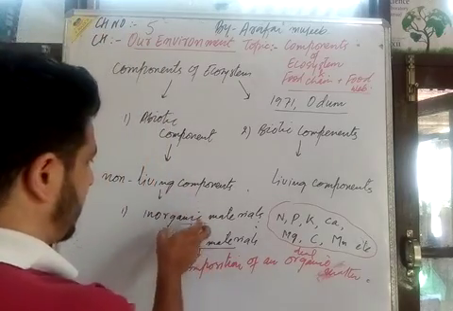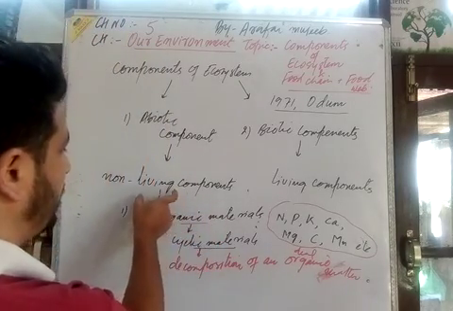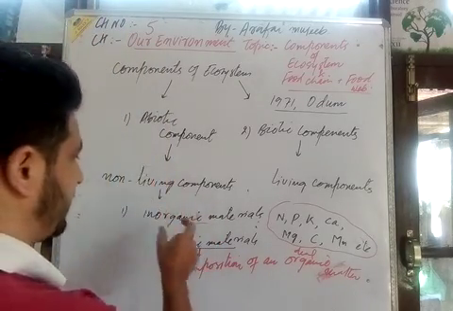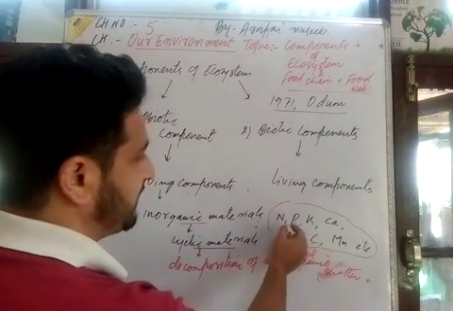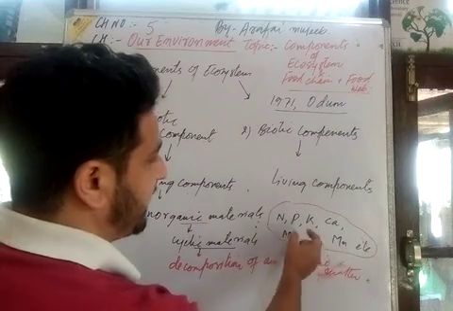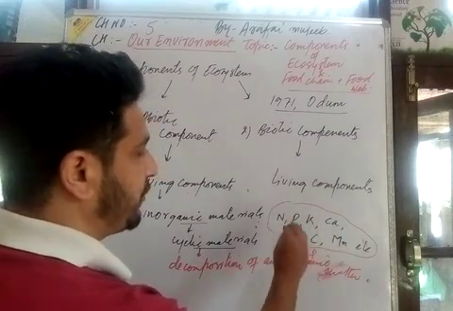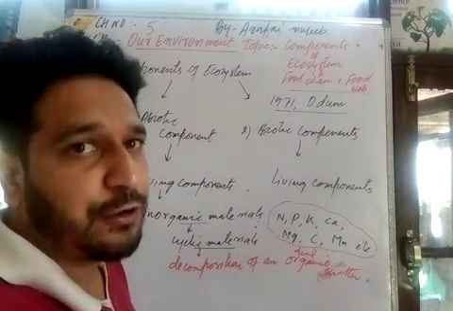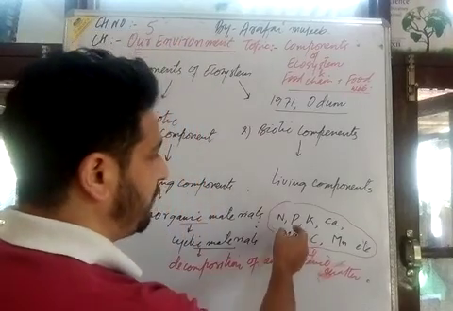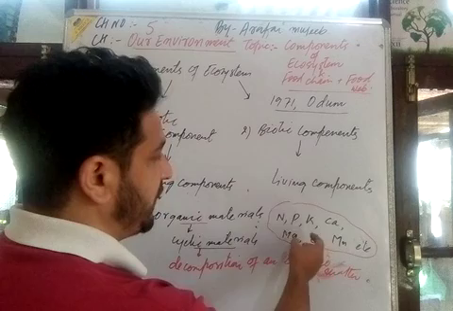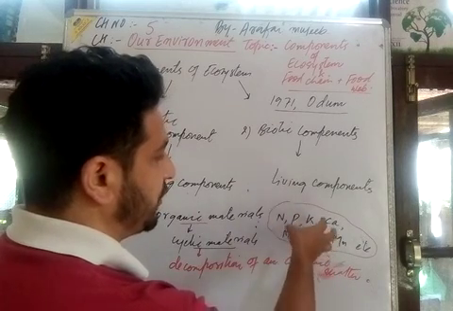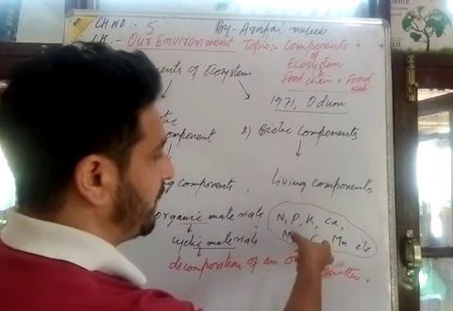This is one of the components included in the non-living components. Then these nutrients, these cyclic materials are reutilized by plants for their growth and development. These are again available on decomposition, again available in the soil in dissolved form.